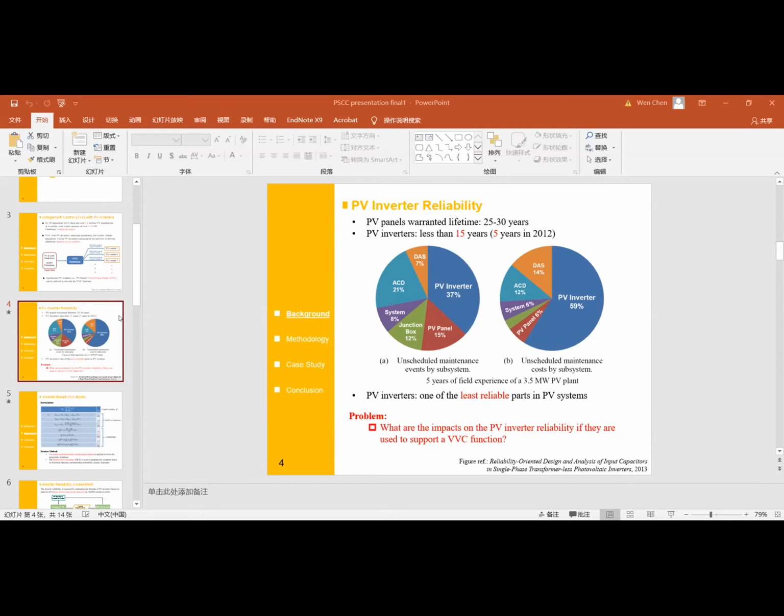Does that answer make sense? Yes, I have seen some literature that indicates that the use of reactive power could lead to reduced lifespan.